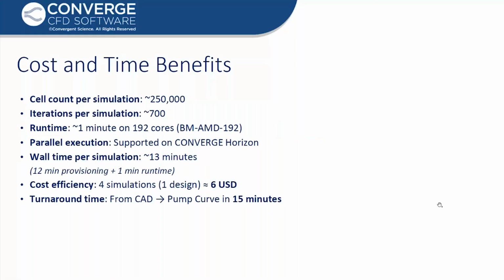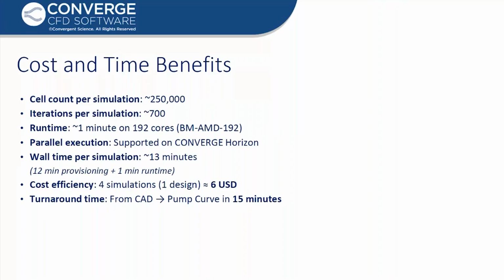Now talking about the cost and time benefits of doing all of this. The simulations that I just ran have a cell count of around 250,000, and it takes around 700 iterations to get a converged result. On our 192 core machine, it takes 1 minute of runtime, right?